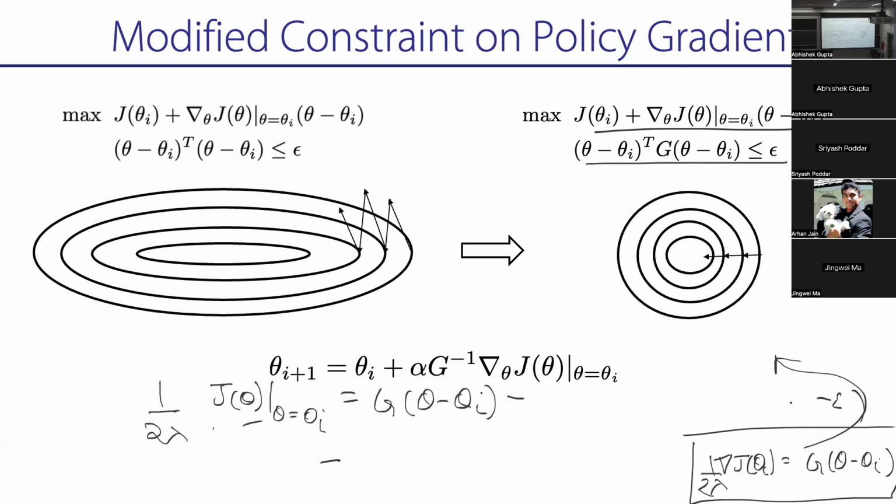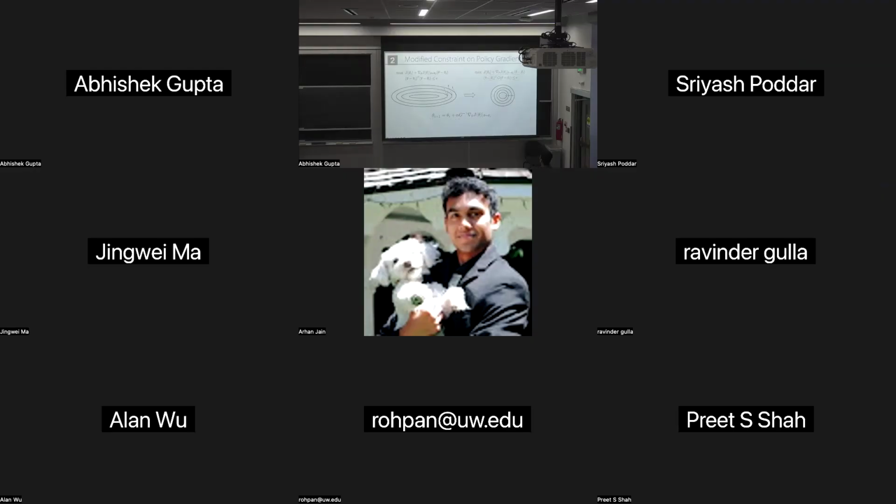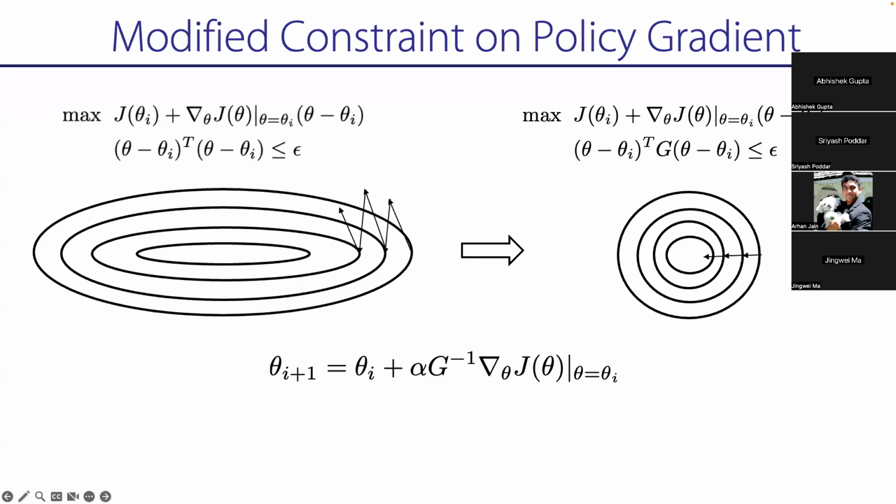And this is often what you refer to as your curvature. Your G is basically inversely weighting the directions of your gradient. You can think of it as the directions that are overrepresented in the gradient, because your gradient is under the Euclidean norm, and G accounts for their magnitude.